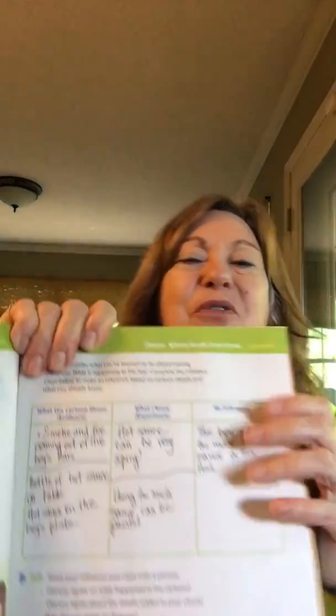Other times, however, you must figure out an important idea on your own. To do this, use text evidence and what you already know from experience to make an inference or a sensible guess. Now, the chart over here was referring to the cartoon.